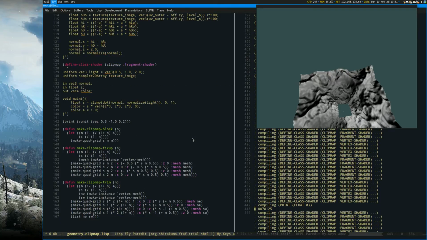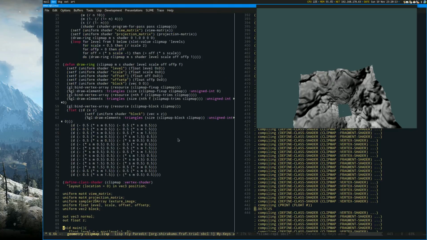Oh dear. No, wait, the trim was 2 times 1 plus. So that's 1 plus n by 2, okay.